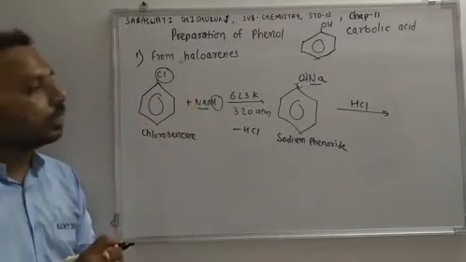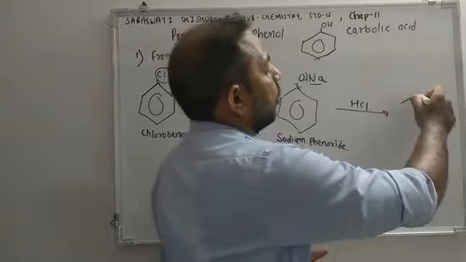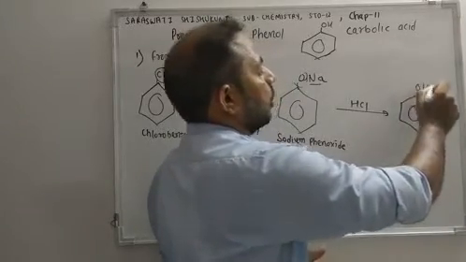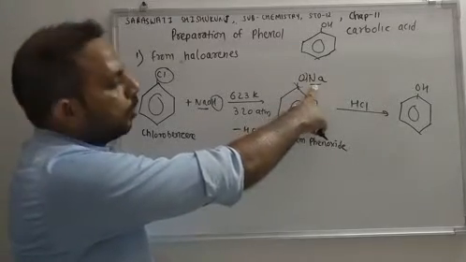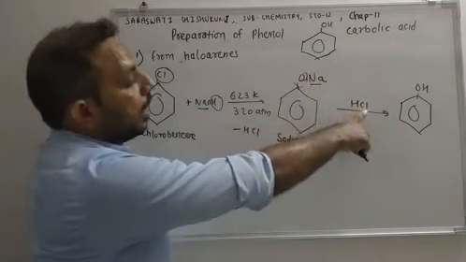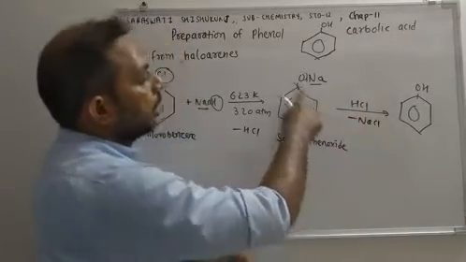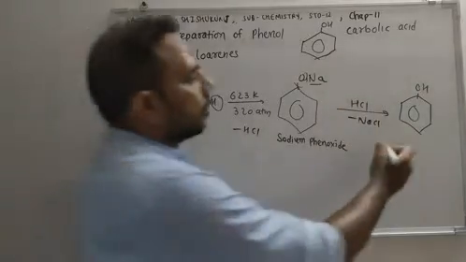Any acid, and it will form phenol. So phenol is formed. Na plus from this sodium phenoxide and Cl minus from this HCl will form NaCl. O and H will combine and form OH. So this is phenol.